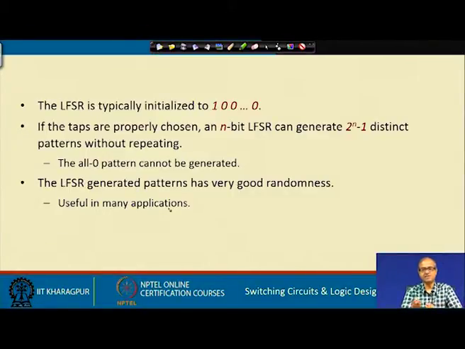We shall be discussing one such application later in this course, namely while we are testing a digital circuit for faults, fault testing. There also, these randomness properties are well exploited in some of the techniques. This we shall see later.